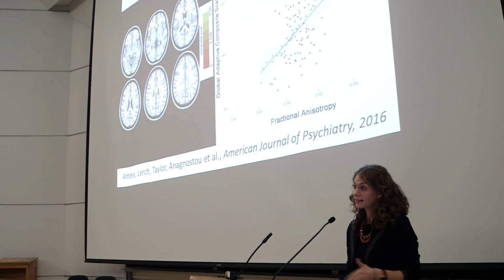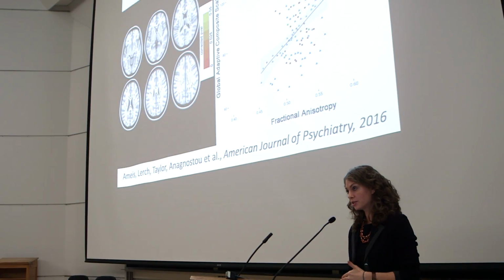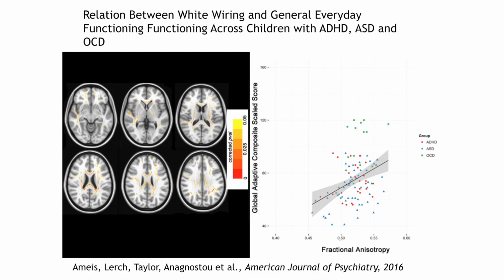So then the next thing that we found that was really interesting was, regardless of what your diagnosis was, the structure of your white matter, in little red, yellow spots on these white matter maps, associated with your everyday functioning. So the better your everyday functioning, the better your white matter looked, regardless of what your diagnosis was.